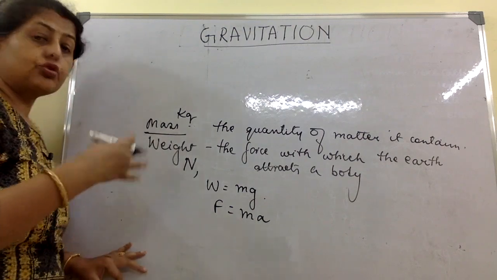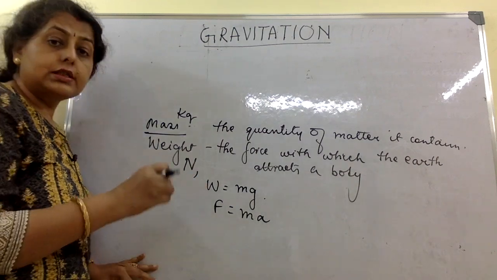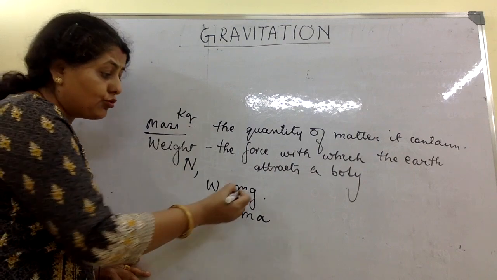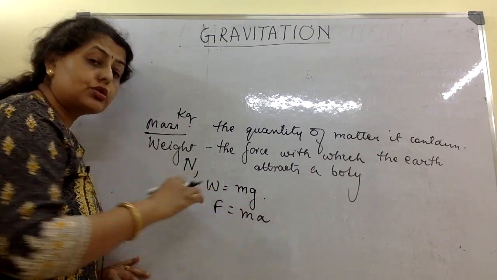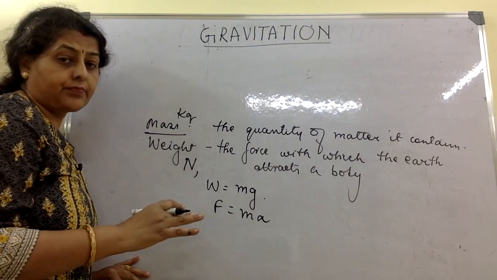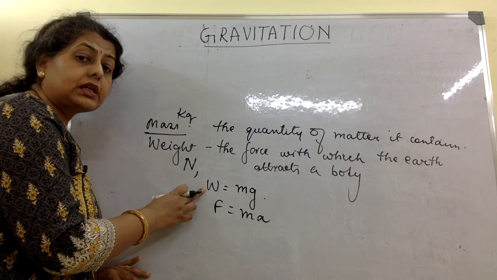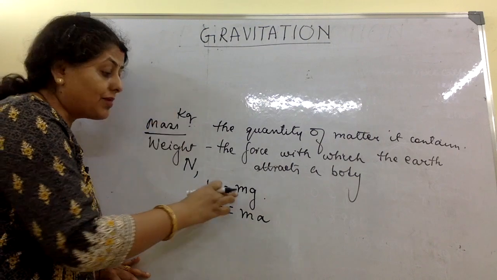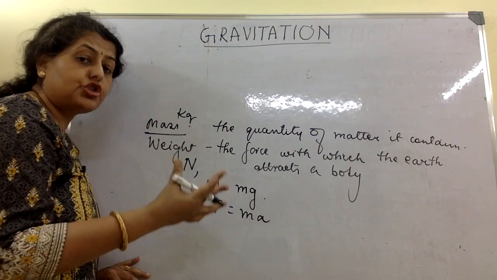So if we go to the moon, our weight will differ, because on the moon g is 1/6 of that of the earth, and so our weight also goes down there. But the mass remains the same even on the moon. Mass will remain the same everywhere, the weight will differ according to g.